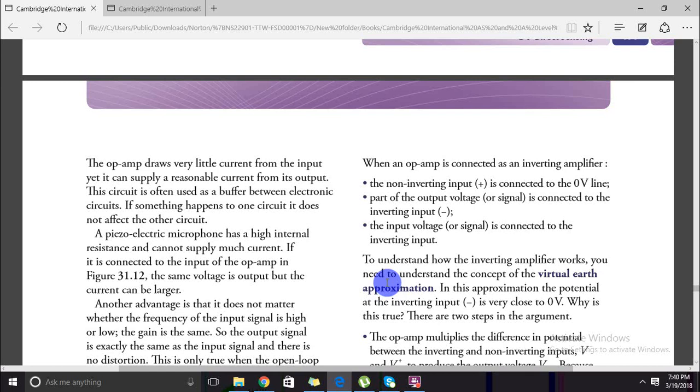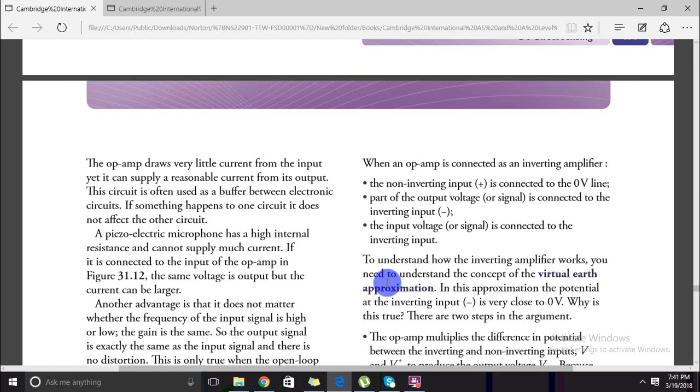So there are certain components with high internal resistance, such as a piezoelectric microphone, which is actually also a sensing device. I might talk about this in another video. And because of that high internal resistance, at the output of it, there isn't going to be a lot of current.